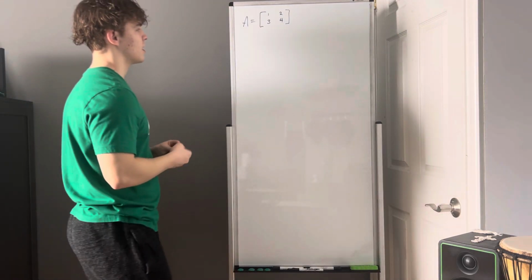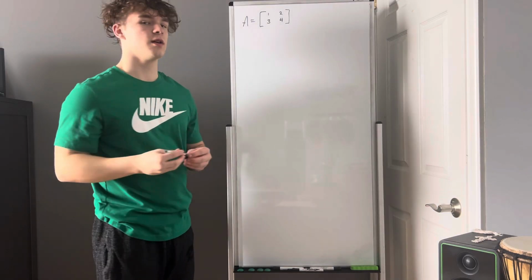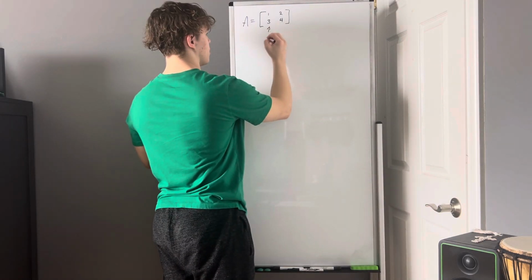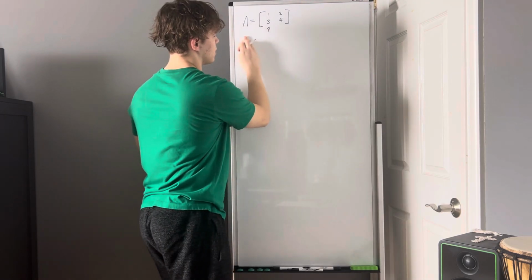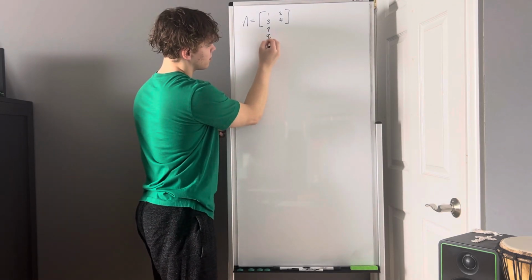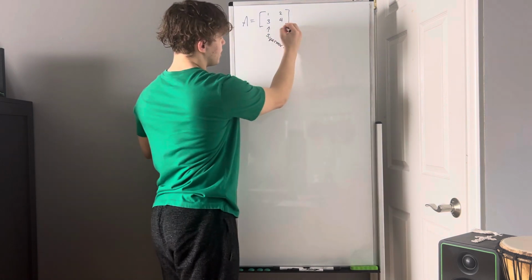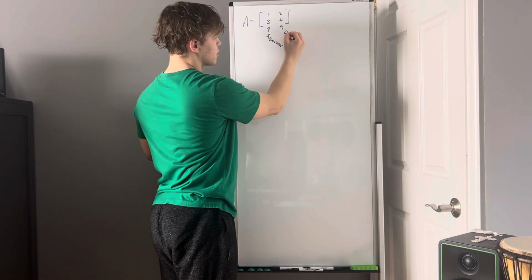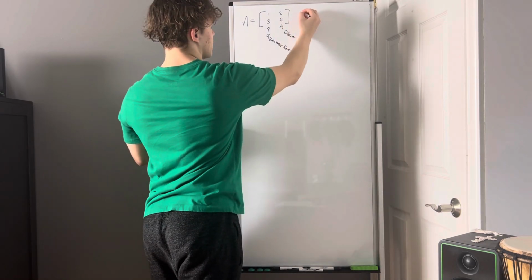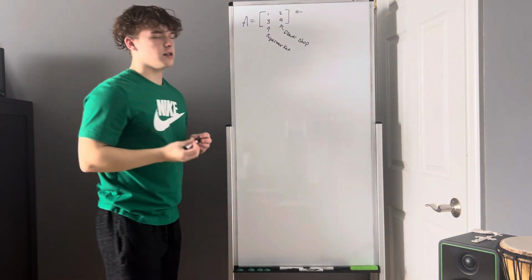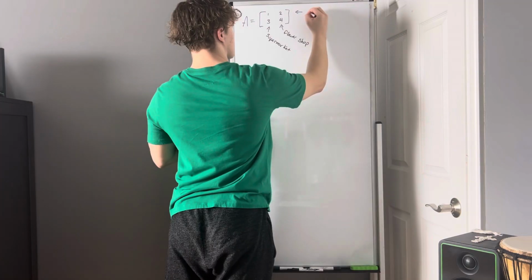We could have, say, the rows represent different stores. Say this is the local supermarket. I'll write it on the side actually. And this is the local flower shop. And we could say that these columns are, let's say, flowers sold.